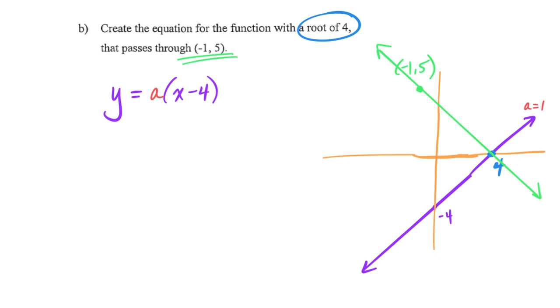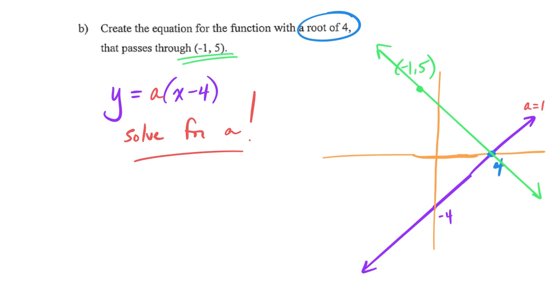No, remember, shape means slope. Shape can mean direction. So what I'm going to do is I'm going to actually solve for my A value. I can use my A value to force my graph to become the green one.